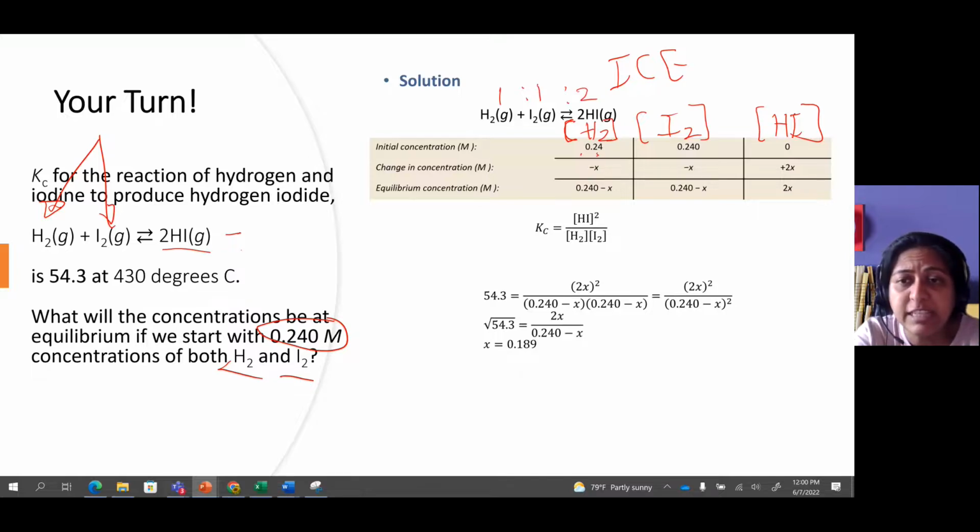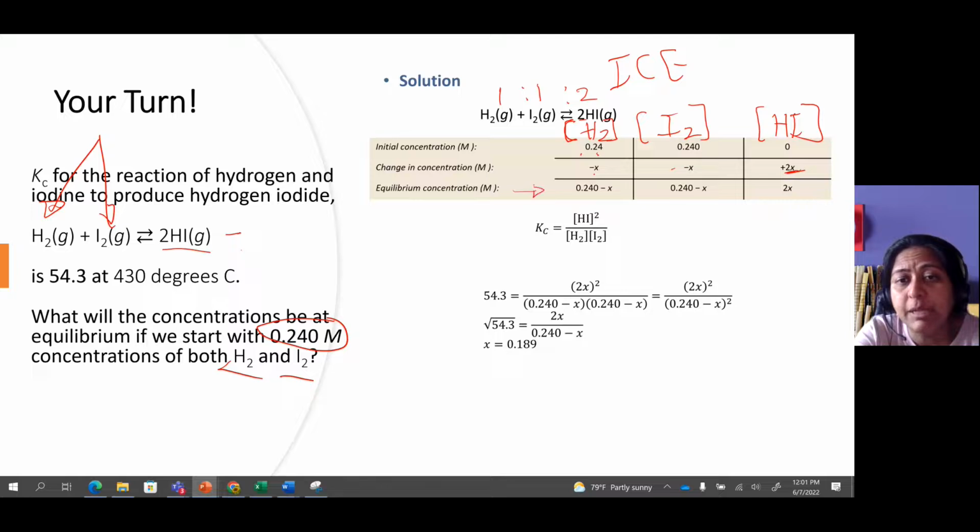If X amount was consumed from H2, again an X amount will be consumed from I2 because it is 1 to 1. But 2X will be produced from HI because HI has the coefficient of 2 in the balanced chemical reaction.